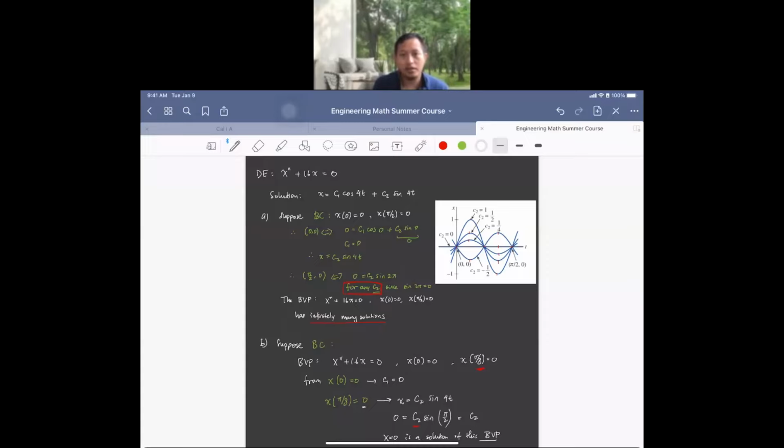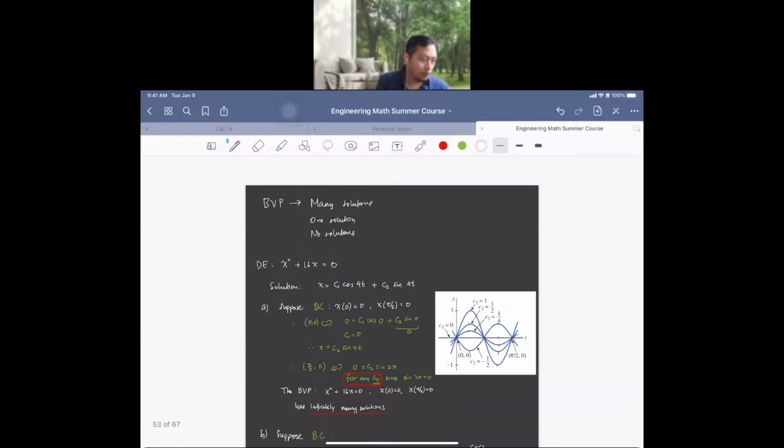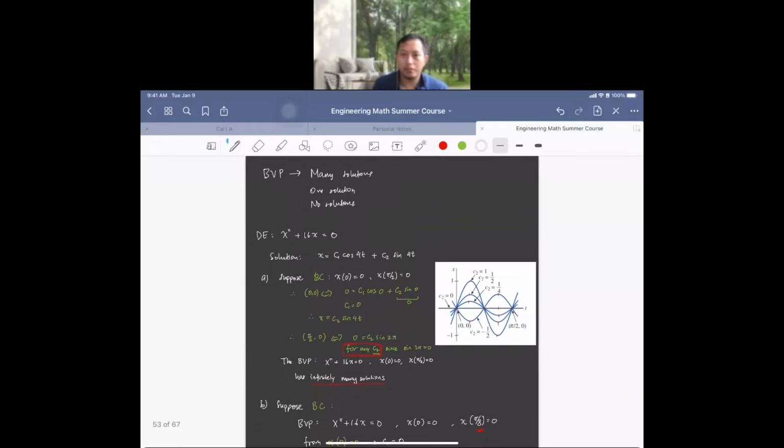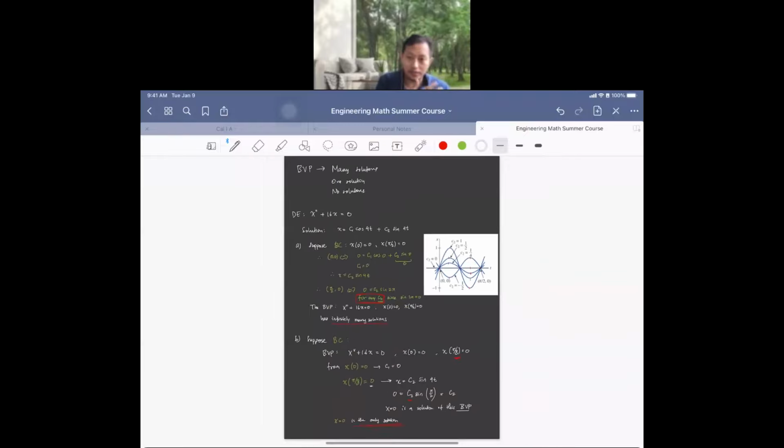So we are able to summarize the higher order, at least up to several parts. When we have a boundary value problem on the higher order, we might have many solutions, exactly one solution, or no solution at all. It depends on what boundary condition we have.